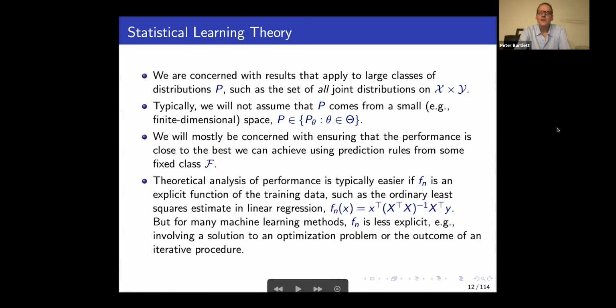Okay. And just to distinguish this approach from some of the classical parametric statistical results and ideas that you will encounter in mathematical statistics, we're really in a more non-parametric world. We're concerned with results that are applying to large classes of probability distributions. And typically we're not making parametric assumptions about the process that generates the data, right?